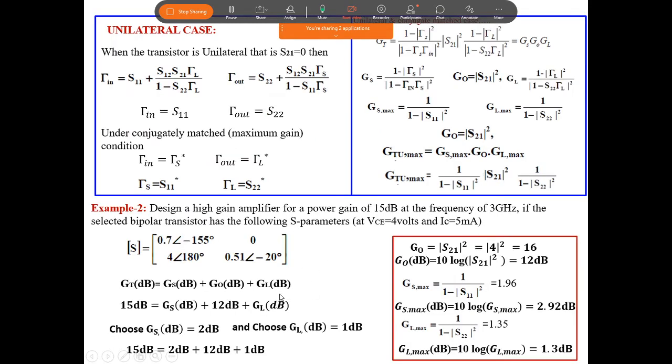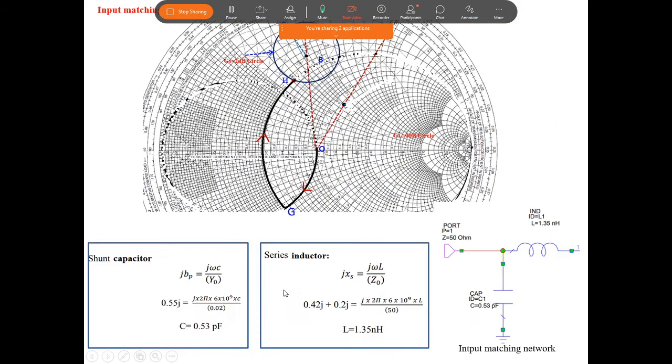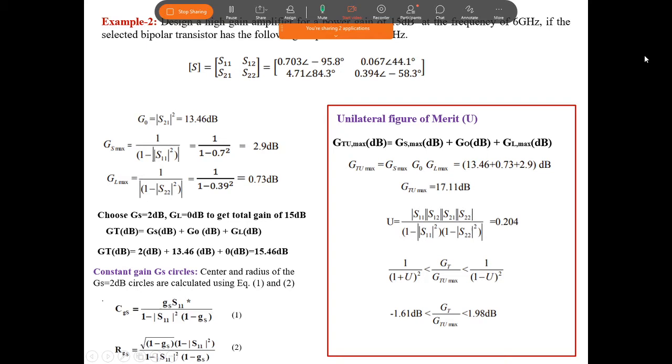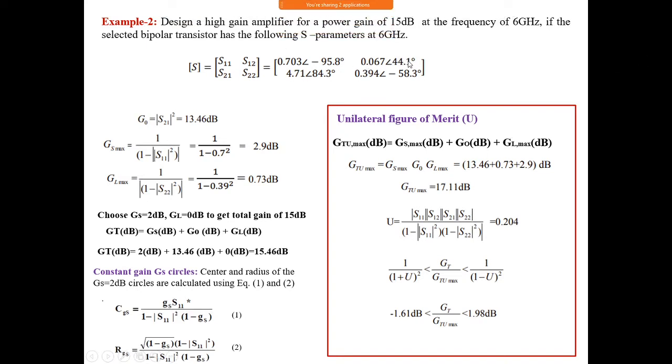As I discussed at the start of the problem, this is the unilateral case. Even though S12 is not zero, we were using the unilateral design equations because the error is within the upper and lower limits of GT by GTU maximum.